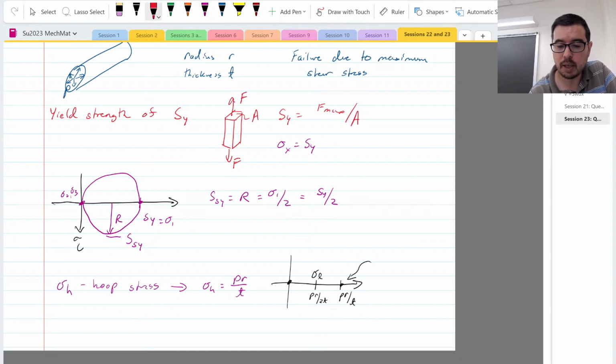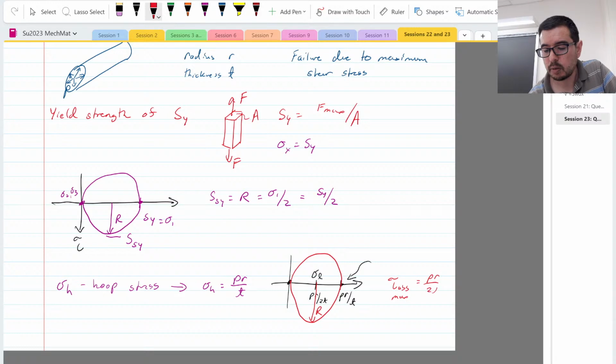So once again, we have to look at the Mohr circle. In this case, R is going to be PR over 2T again, so the tau absolute max is PR over 2T. So what is the safety factor?